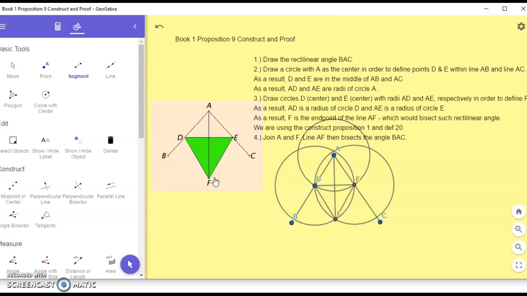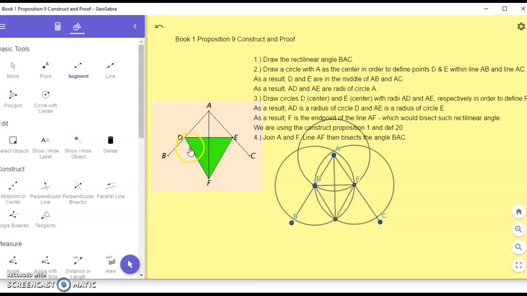And for the last pair, the base, the line AF, and yes, AF is equal to itself. There you have it. We now have the three pairs of equal sides: AD equal to AE, DF equal to EF, and AF equal to itself.